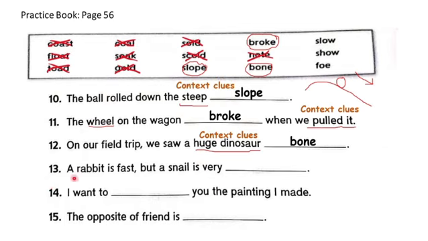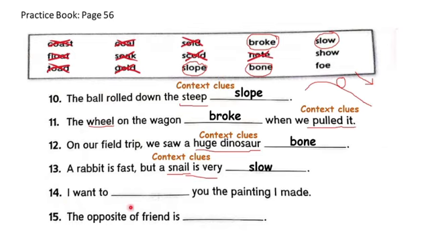Number 13. A rabbit is fast, but a snail is very, what? Slow. Excellent. Number 14.